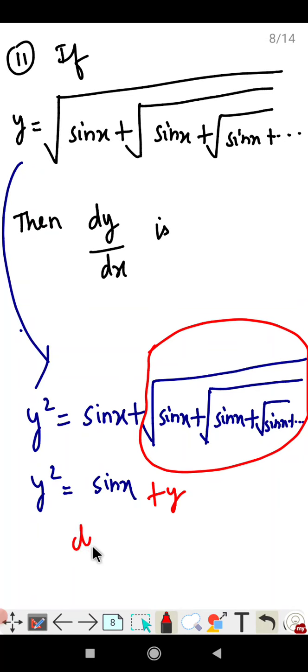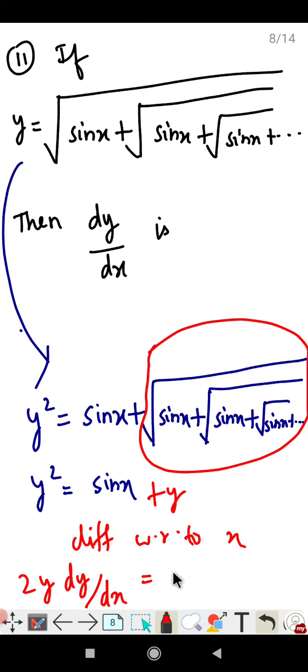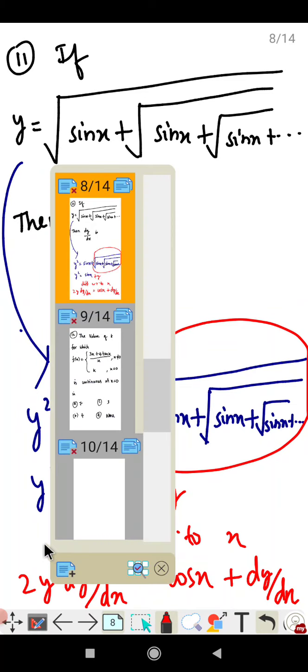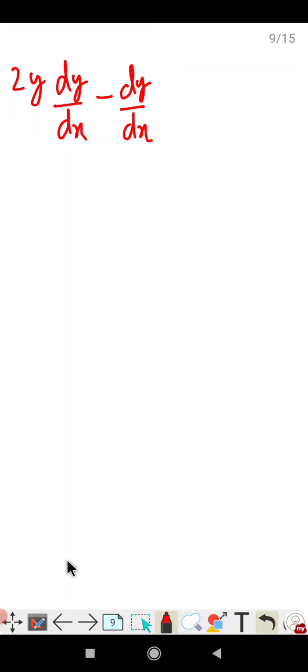So differentiate with respect to x now. So 2y into dy by dx on the left hand side. Differentiation of sin x is cos x, plus again dy by dx on the right hand side. So in order to find dy by dx, I take this thing on the left hand side. So already I have 2y times dy by dx on the left hand side minus dy by dx again, which is equal to cos x on the right hand side.